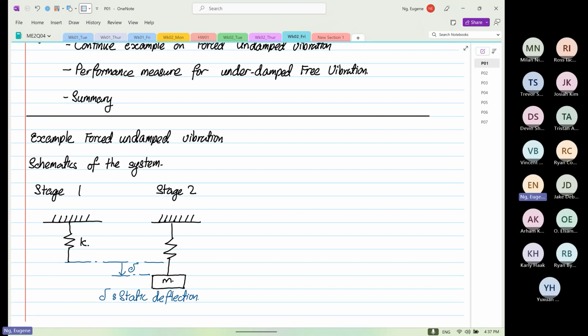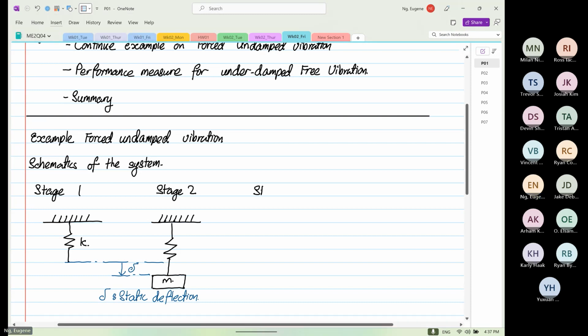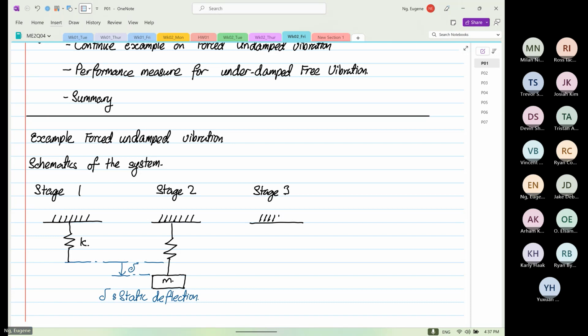Then on stage 3, we have the entire system. Okay.